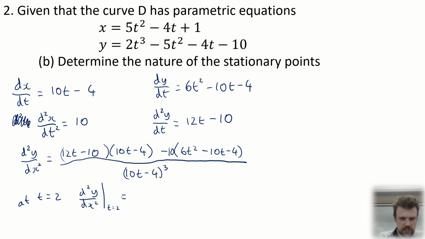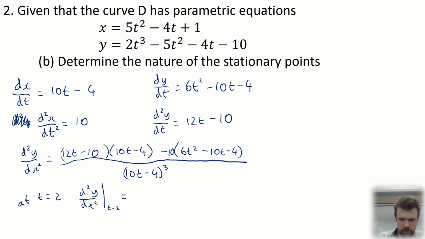So actually plugging in t equals 2 is going to be 24 take away 10, times 20 take away 4. How to struggle at using a calculator, by me.